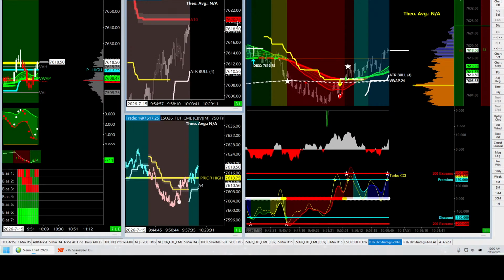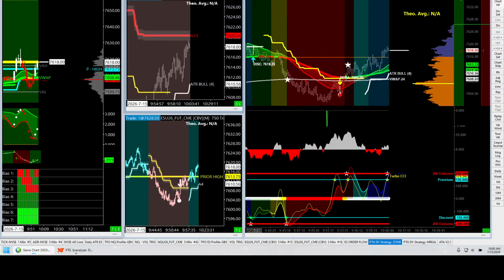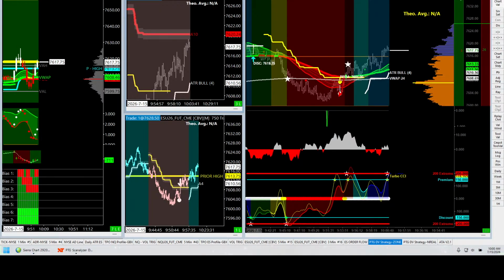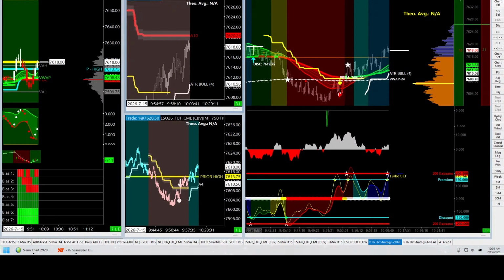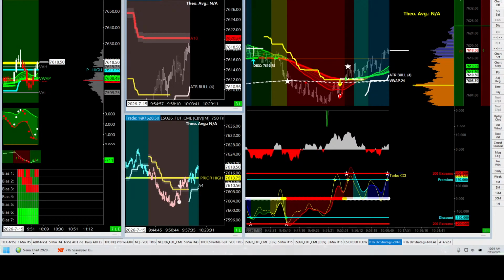All right, so we are looking for a potential trade up there near the 20 quarters. And the idea there is we're just looking for that to fade back, right?